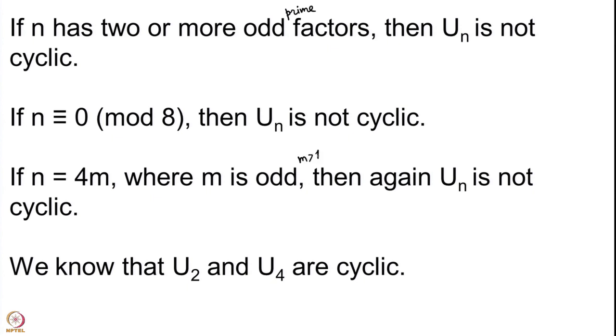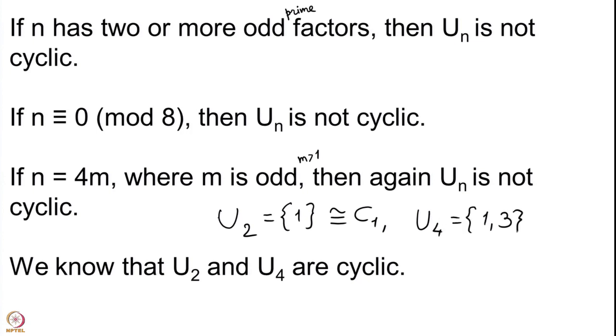These are cyclic. This is something that we can easily see. U2 for instance is the trivial group, and therefore it is isomorphic to C1, and U4 has only 2 elements 1, 3, and therefore it is isomorphic to C2. So, both U2 and U4 are cyclic.